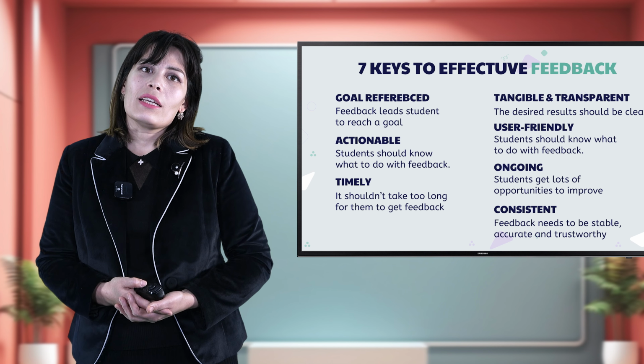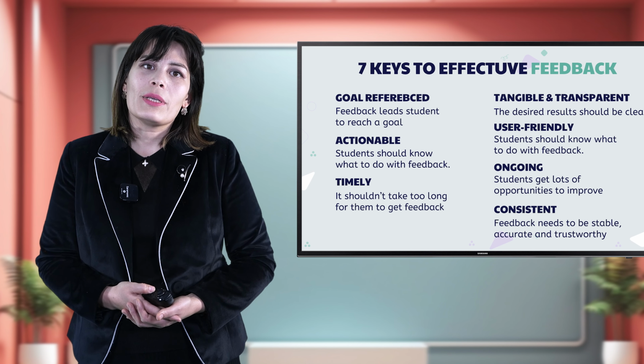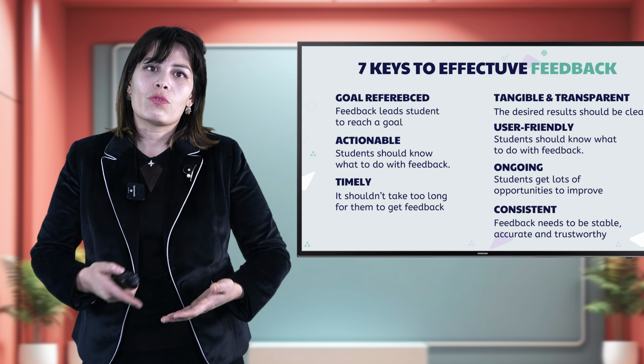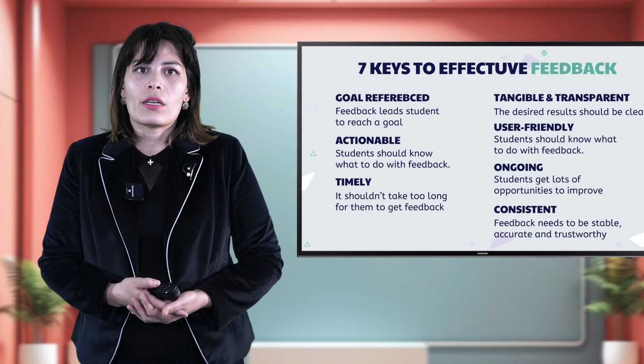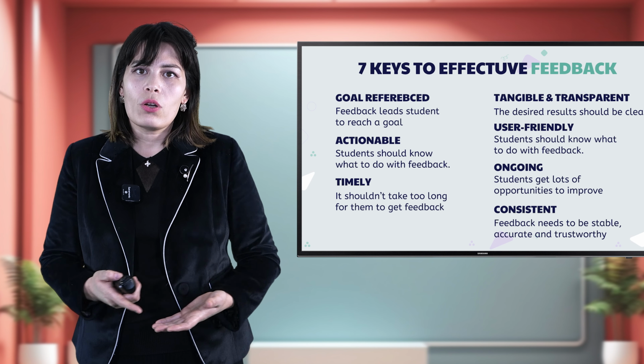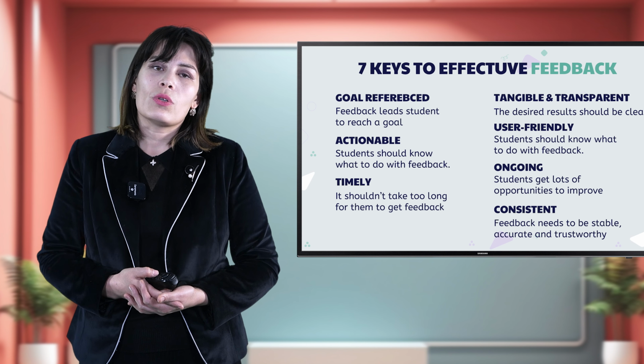The next effective way of feedback is that you have to follow the time. It shouldn't take too long, because if the information is so long, your students will get bored and they will get unnecessary information. That's why pay attention to this feature of feedback.